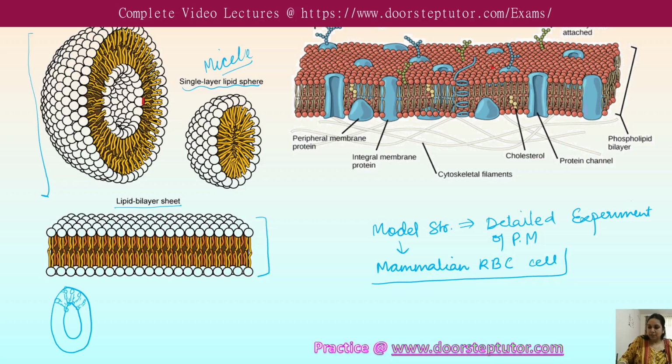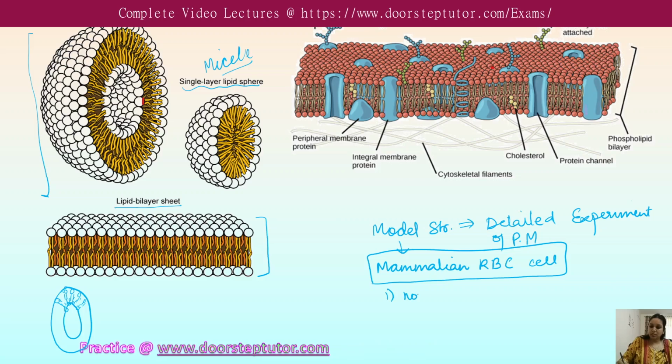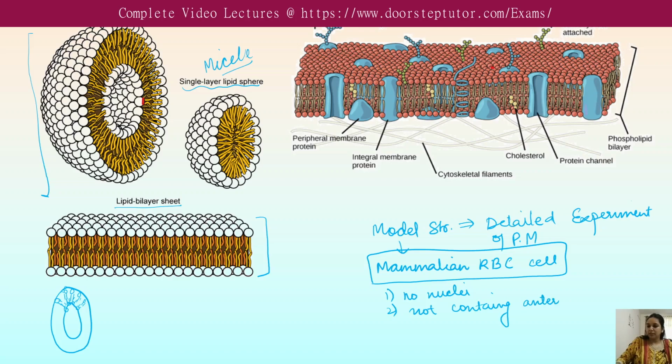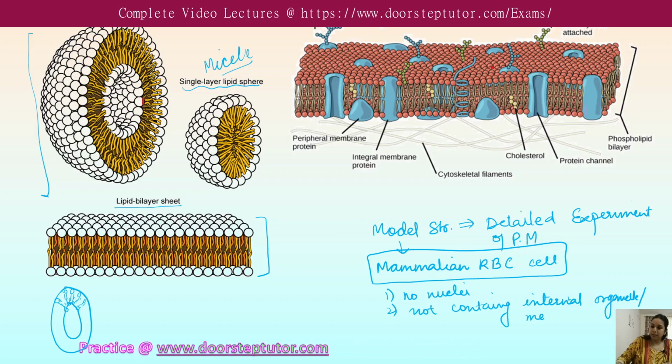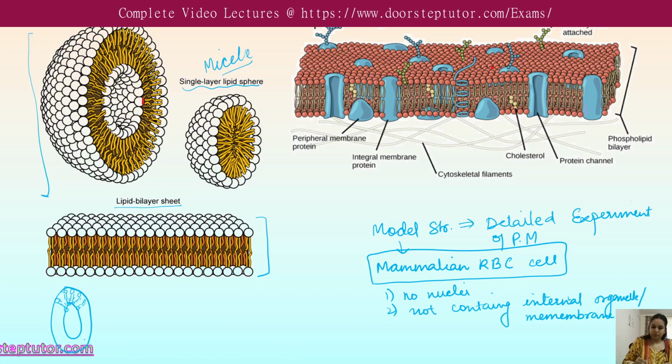Why were mammalian RBCs taken? First of all, they do not contain a nucleus, and second, they do not contain any internal organelle, or any other membrane.